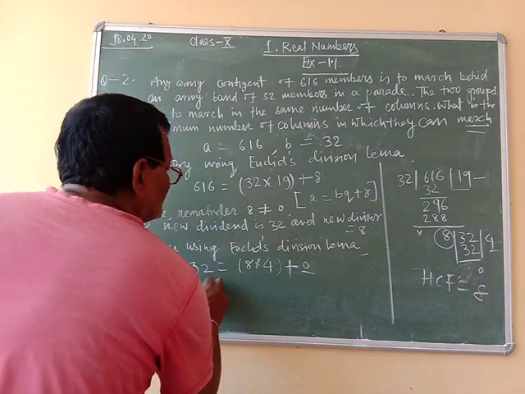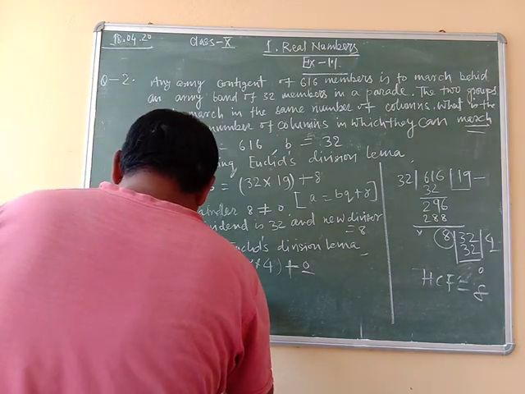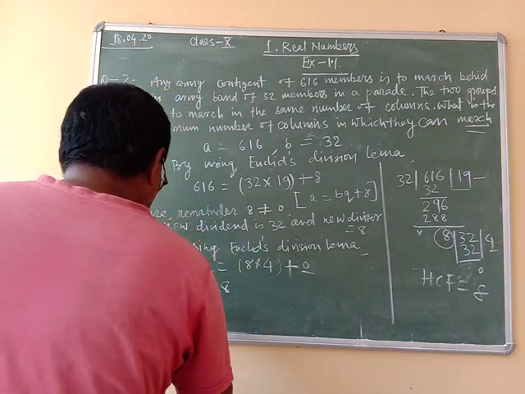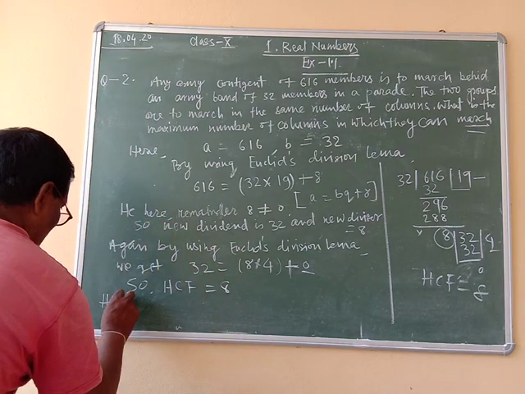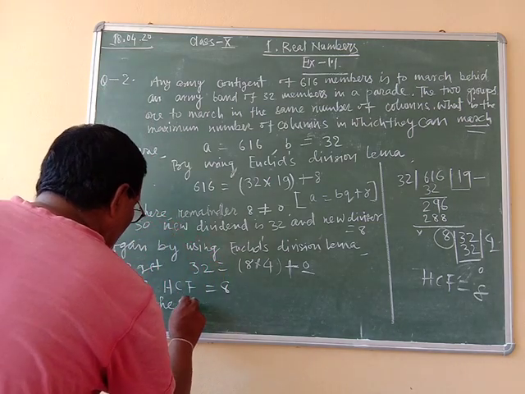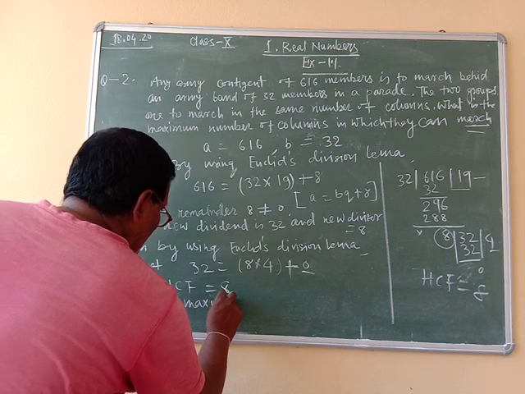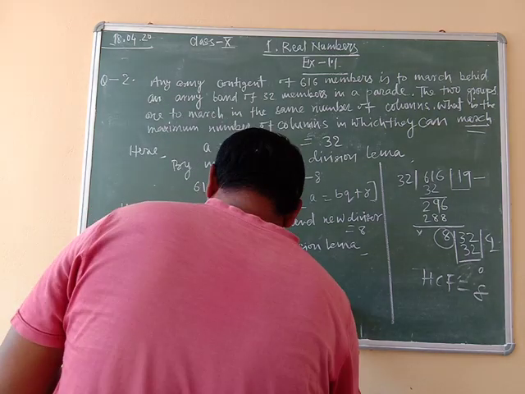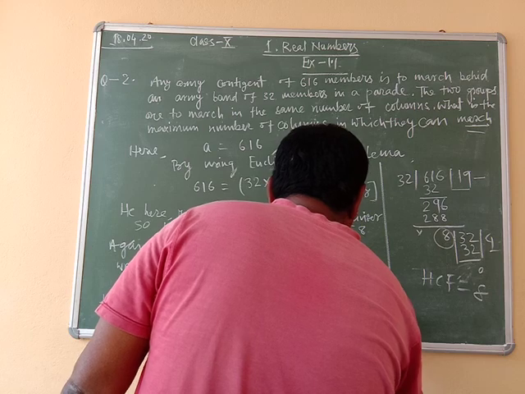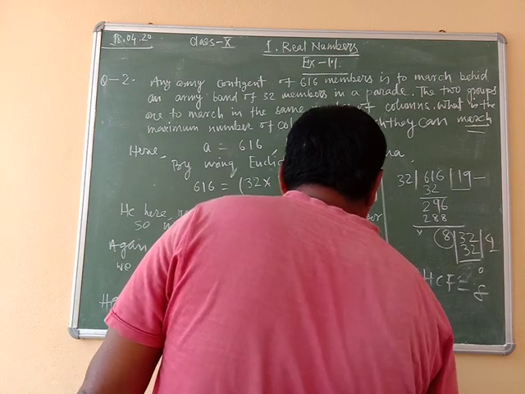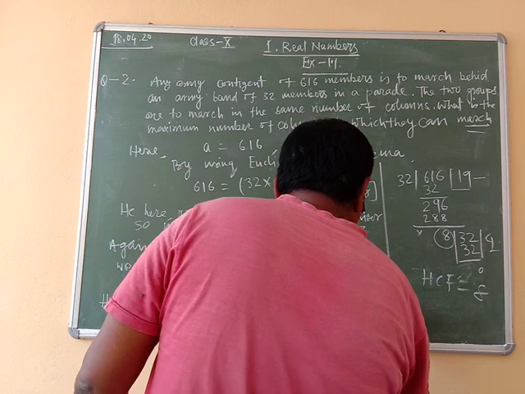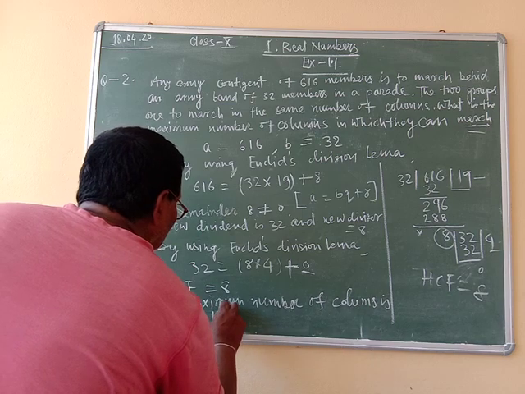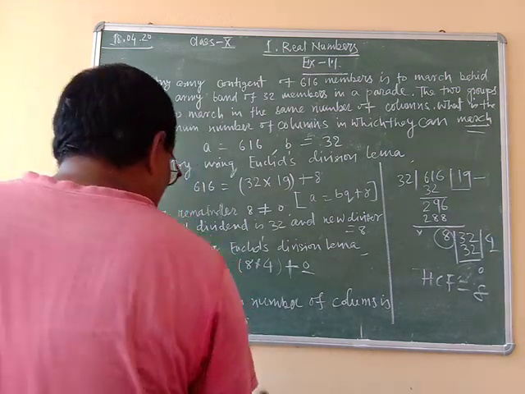So HCF equals 8. Hence the maximum number of columns in which they can march is 8.